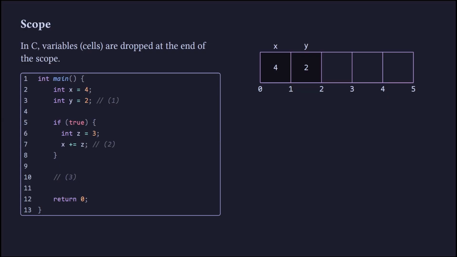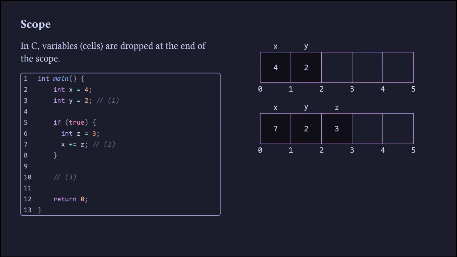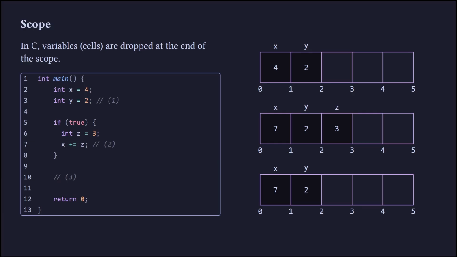Then we go into our inner scope. We assign something to z and we use its value to update x. And then once we're outside of that scope, z is removed from the tape. There's no way that we can access it. There's no way for us to read from it. We can't write x plus equals z outside of that scope, because to C, it no longer exists.